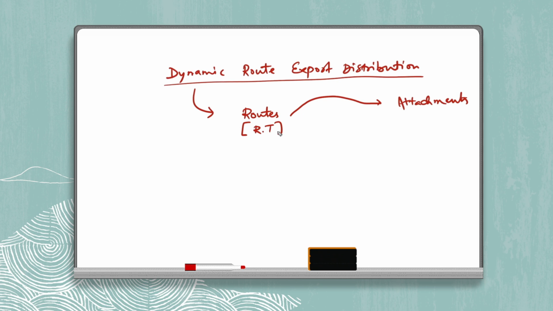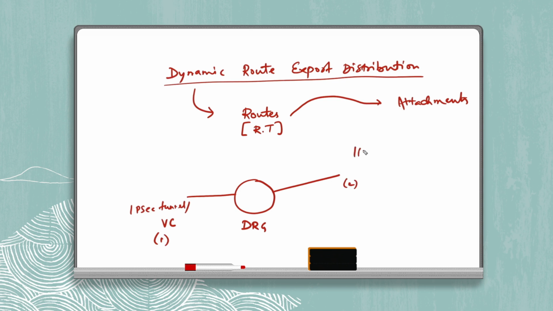Now here also there are some exceptions. For example, let's say this is your DRG. There is an IPsec tunnel or virtual circuit attachment. So this is the first one. And then there is another, the second one, IPsec tunnel or virtual circuit attachment.